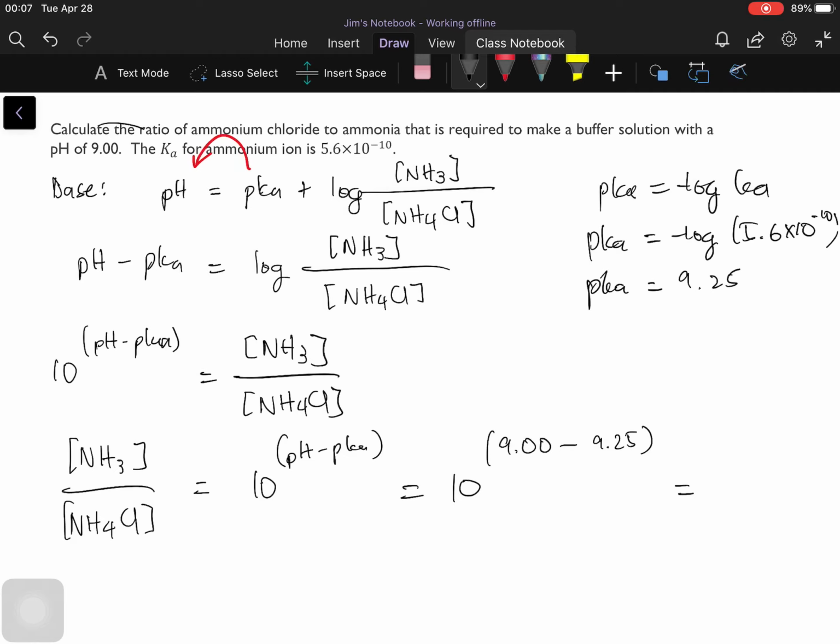So the ratio of base over the conjugate acid is 0.562.